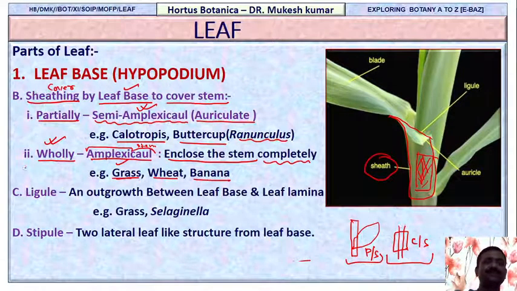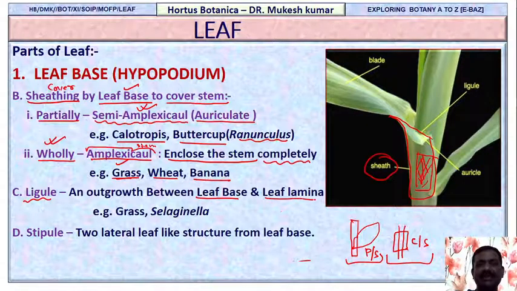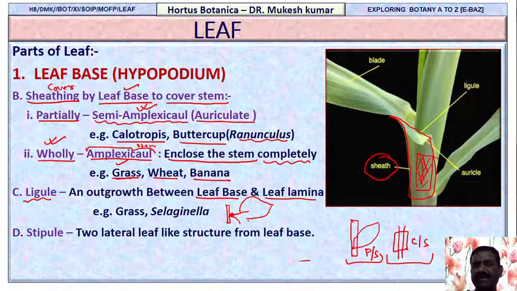Now the second one, we have the ligule. What is ligule? An outgrowth between leaf base and the lamina. Suppose this is your stem, right? And see, this is your leaf base, this is petiole. Now this is the lamina. So what you find, this is the outgrowth of the leaf base, arising from the leaf base, and see this is the lamina, both are attached to each other. So this very structure is called ligule.